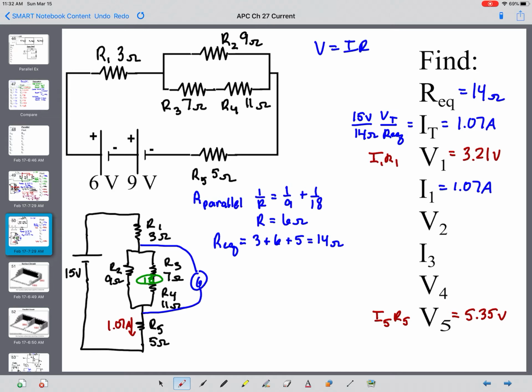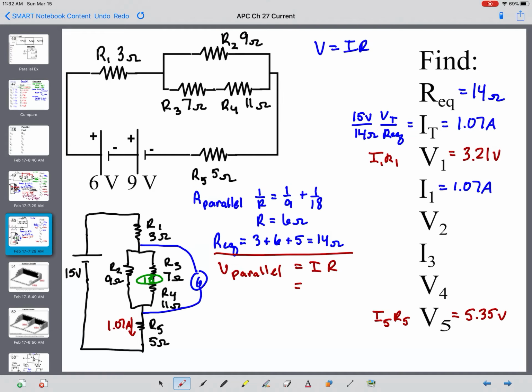Now, next thing we get to is the parallel network. In the parallel network, voltage is constant. But to be able to find that voltage, I'm going to go to the entire parallel. So if I go V equals I R, the I, if I only had one resistor there, it would be the 18.